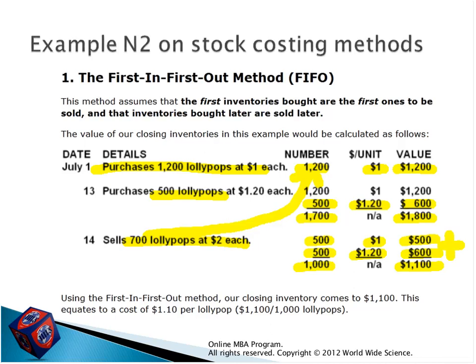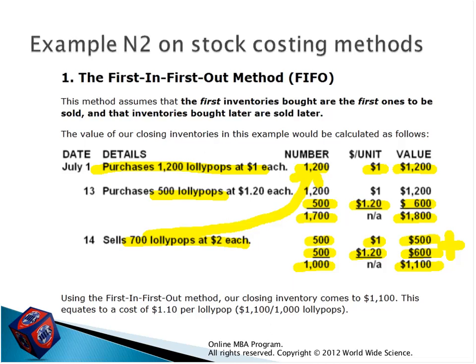So you get the total inventory value of 1,100. Using the FIFO method, our closing inventory comes to 1,100 US dollars, and this equates to a cost of $1.10 per lollipop. Just take the value and divide by the units, and you will get the price for each lollipop in the inventory.